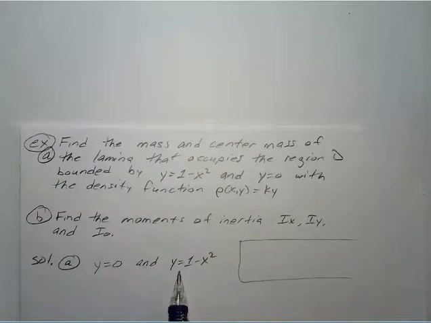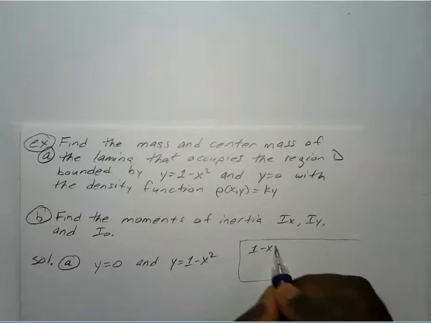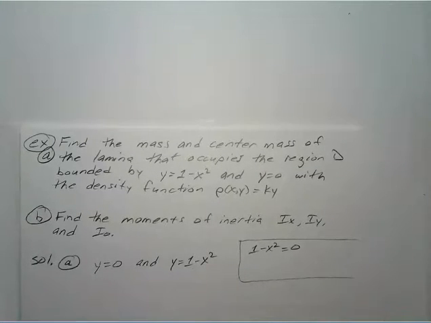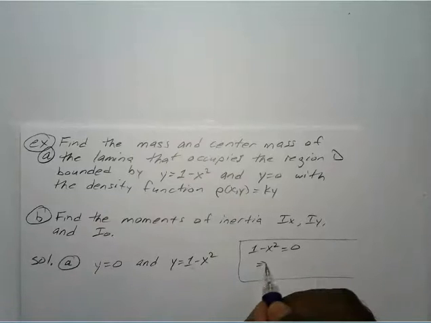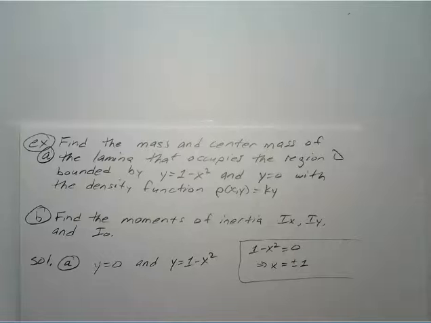We see that y is equal to 1 minus x squared and y equals 0. So that means 1 minus x squared is equal to 0, or x is equal to positive or negative 1. Okay, so now we have our boundaries for our x.